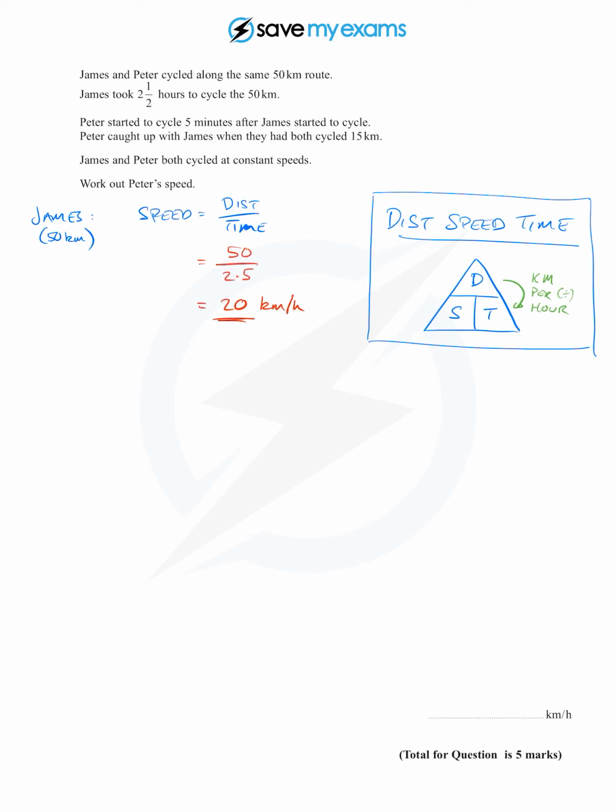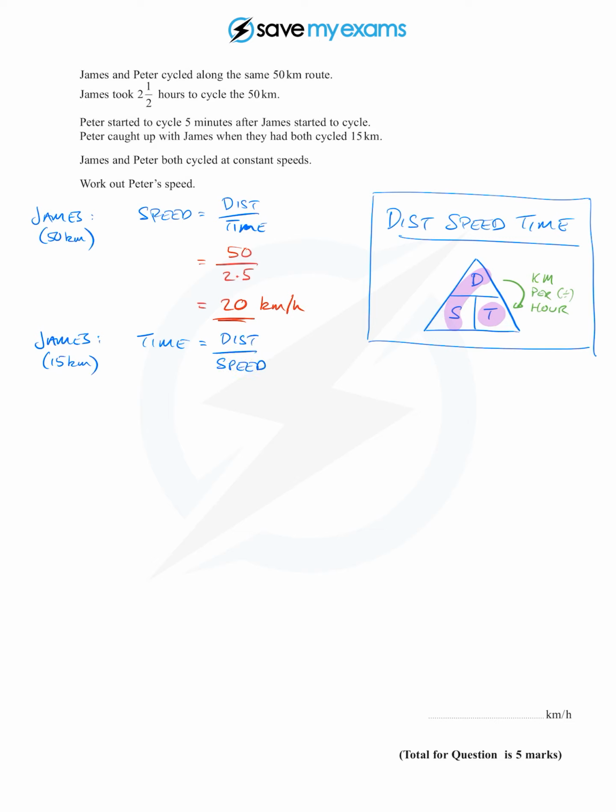Now we actually need to know how long he took to do 15 kilometres. So let's do that. So James, over the first 15 kilometres, his time is equal to, well, how do we find time? We want that one, so we divide distance by speed. Right, okay, so time is distance over speed.